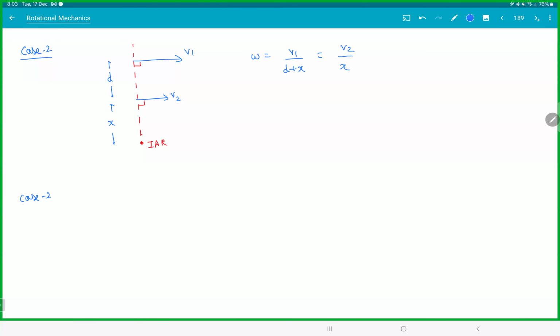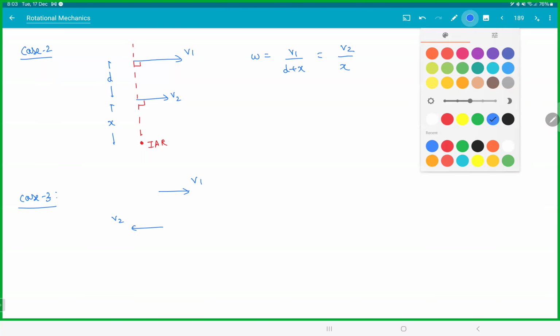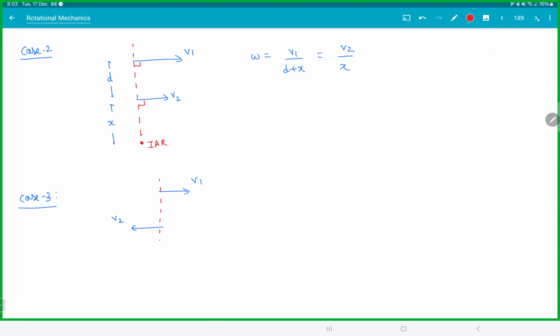So if they're not parallel, drop the perpendiculars. If they're parallel, then IR will be somewhere on that line. Suppose you have V1 and V2 like this, anti-parallel. So these are the three cases you have. Now IR will be somewhere in the middle. Even if you have taken it outside, the signs will take care of it.